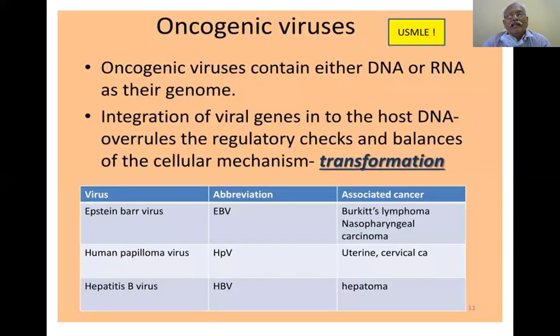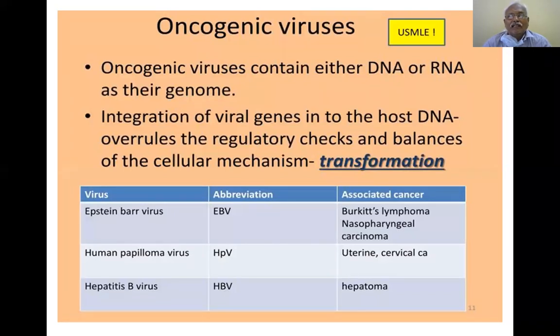Oncogenic viruses contain either DNA or RNA as their genome. Any one, either DNA or RNA, will be there as a genome in oncogenic viruses. So the integration of viral genes into the host DNA will overrule the regulatory checkups.